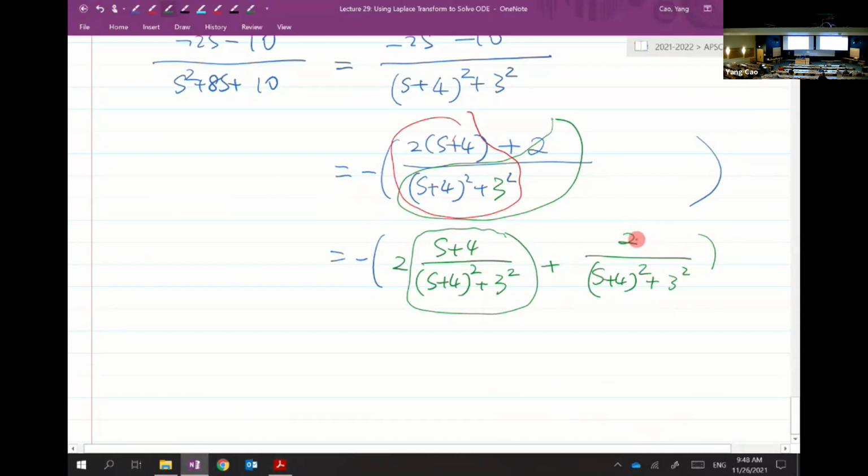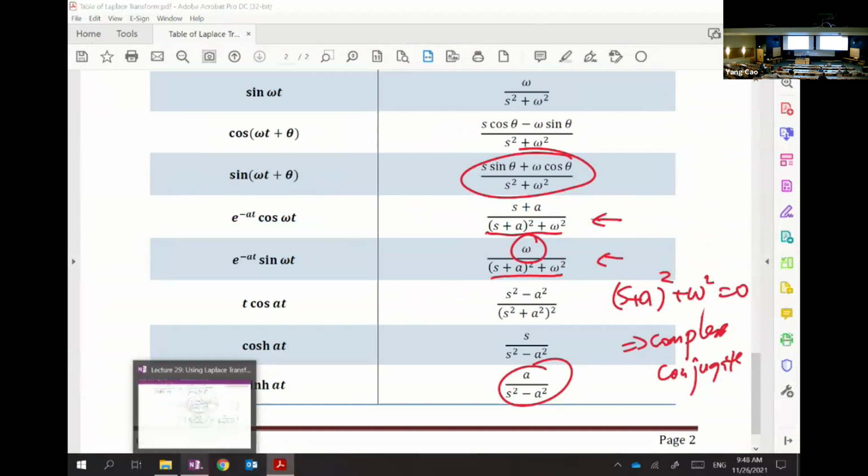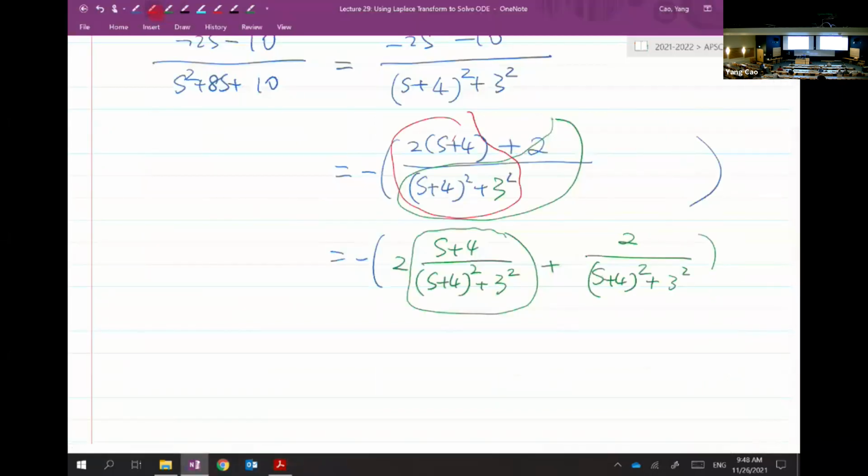If I need to use the table, what should the numerator be? The numerator should be omega, which is 3. So let's put a 3 here. If I put a 3 here, then what do I have to do? Multiply by 3. So this way, we're not changing anything at all. We're just manipulating it to be the same as what's given in the table.